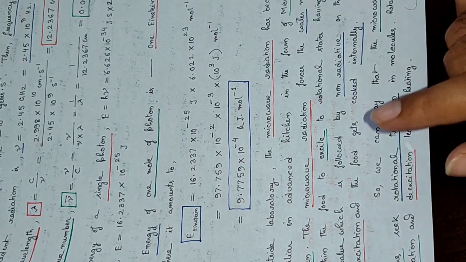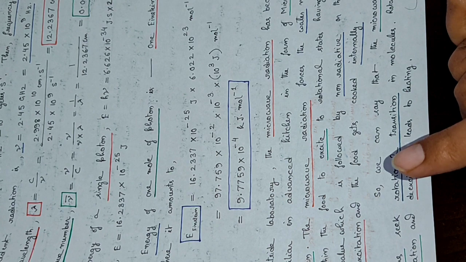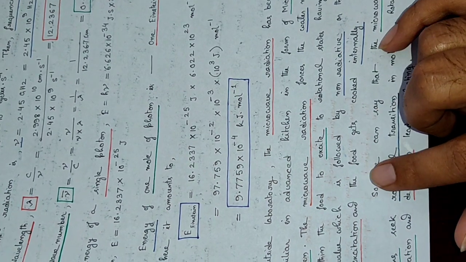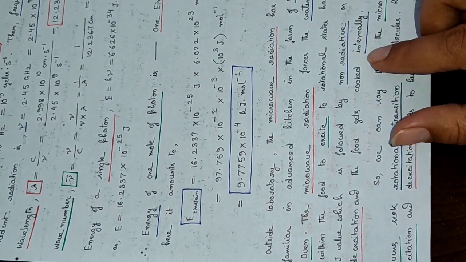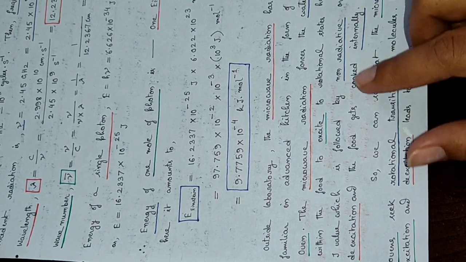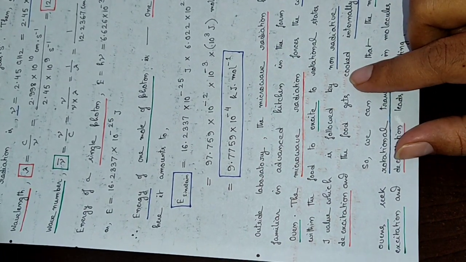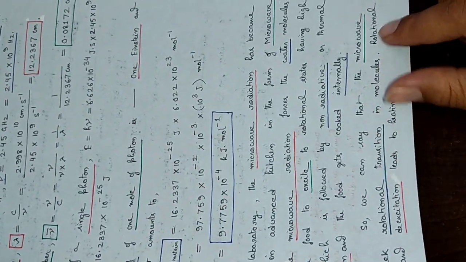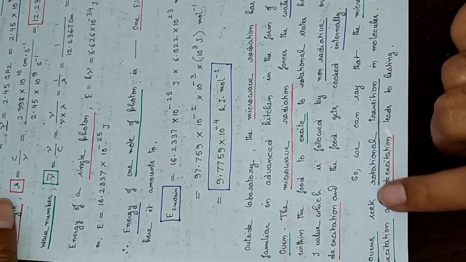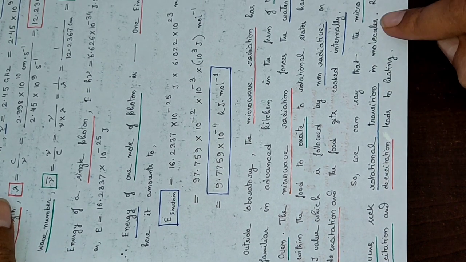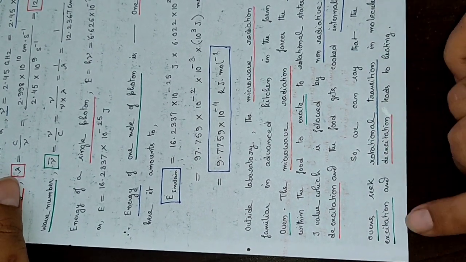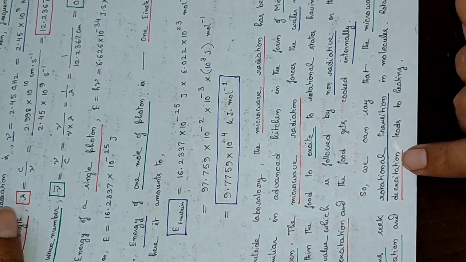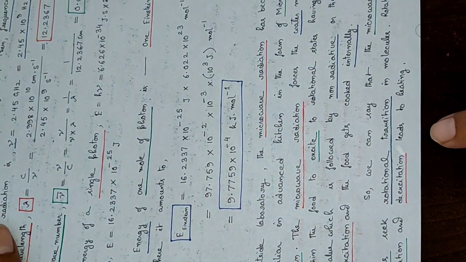So heating here occurs through the entire bulk, and the food gets cooked quickly since it is internal heating. So we can answer in this way that microwave ovens seek rotational transition in molecules, and rotational excitation and de-excitation leads to heating.